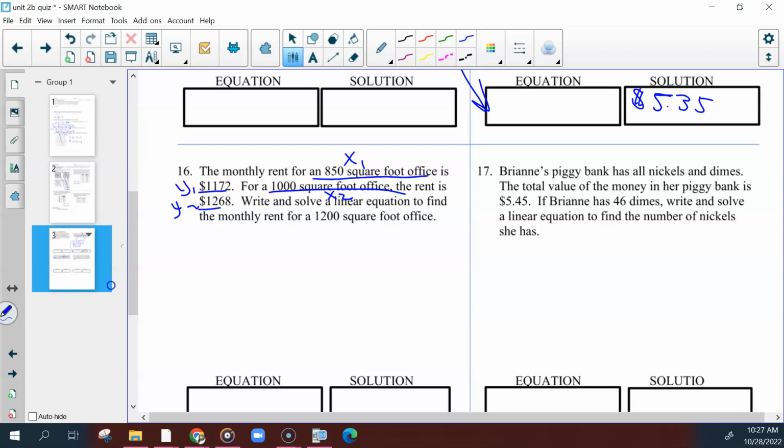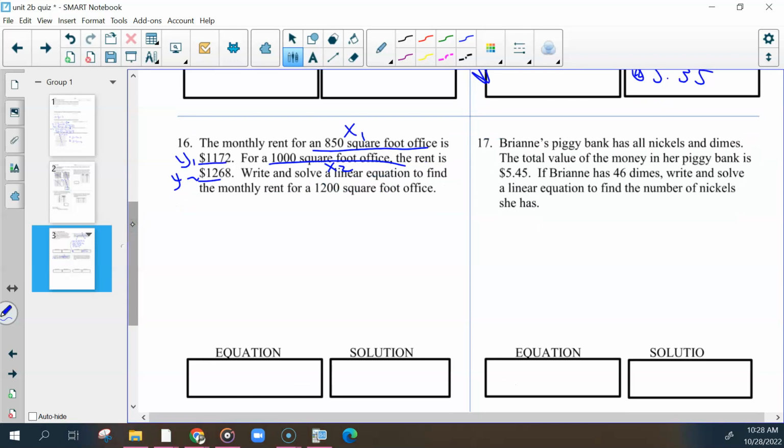Okay. So if we're putting this in the calculator, I would put in all my x's in L1, all of my y's in L2. If you don't have your calculator, go grab it. Elijah, go grab your calculator. Everyone look on the back of your calculator, see if you have number 8.